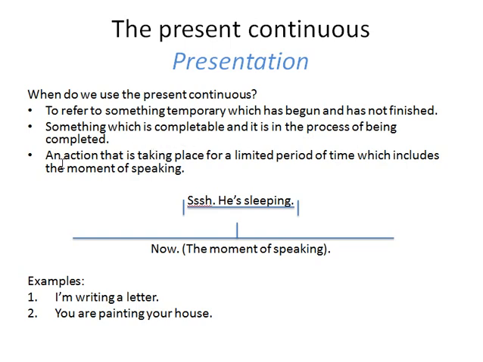We use the present continuous as well to express an action that is taking place for a limited period of time, which includes the moment of speaking. For example, if we have the expression, "Shh, he's sleeping," we're talking about an action that has probably started in a previous moment to now, the moment of speaking.